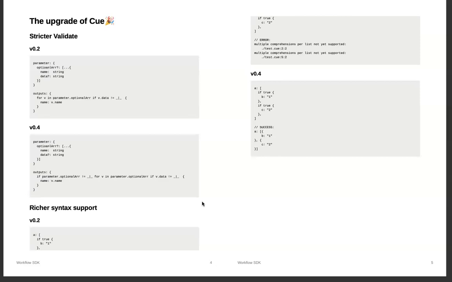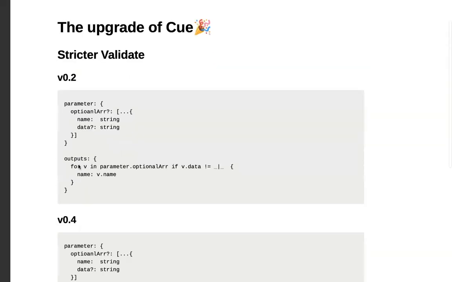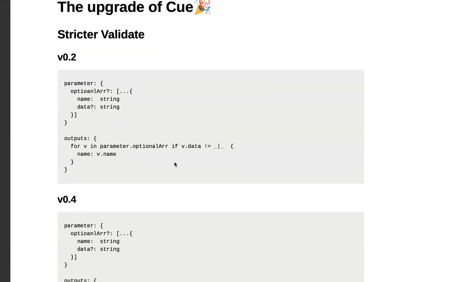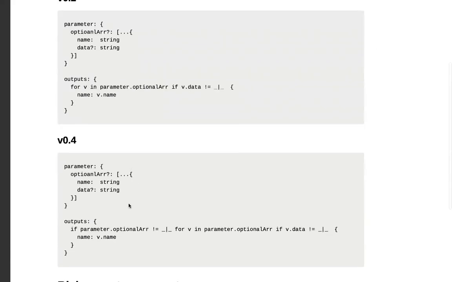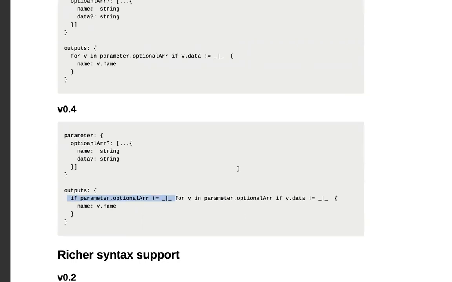But in the long term, for example in the first part here, the stricter validate, if you are using such syntax here, it's better to fix that, to check whether the parameter dot optional array is bottom here, to avoid this disjunction. But we're gonna fix that from the KubeVela controller in the short term.